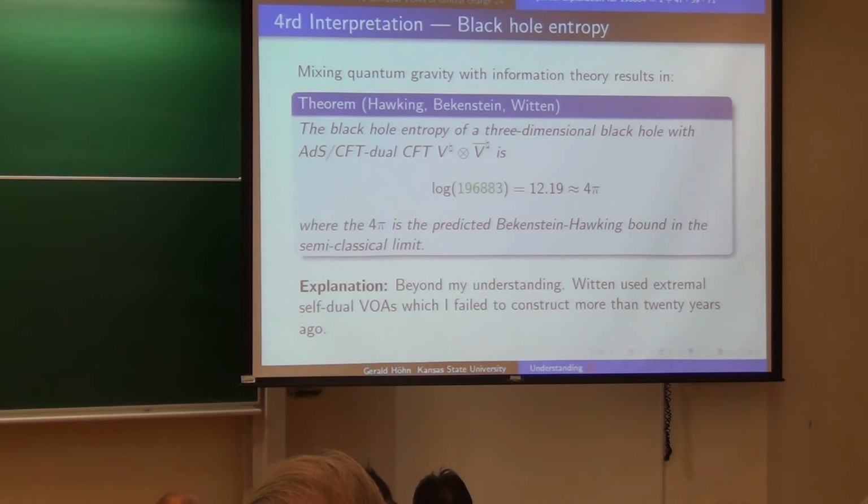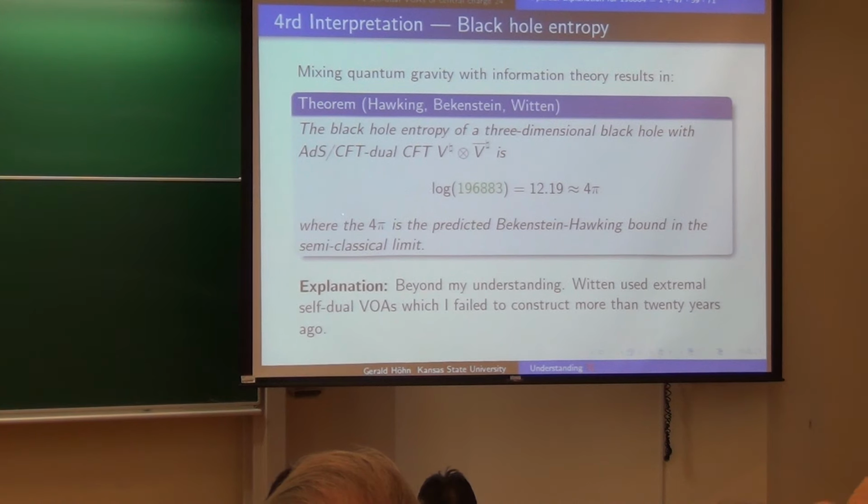So somehow the event horizon of a three-dimensional black hole is described by such a CFT, and there is a bound by Bekenstein and Hawking for the amount of information a black hole can hold, and so now one can compare the numbers here in the Moonshine module with the Bekenstein-Hawking model.